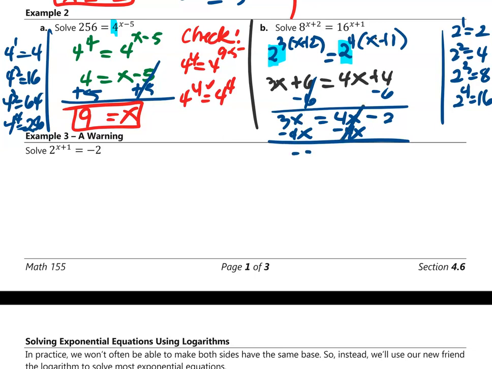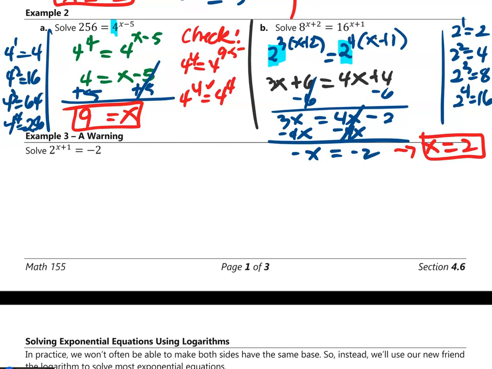So this is negative x is equal to negative 2, meaning x is equal to positive 2. Okay, and I'll let you check. That should be correct.